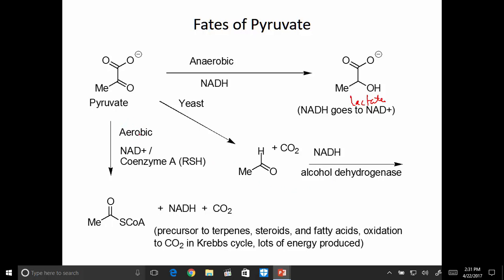And under aerobic conditions, this does an oxidative decarboxylation to give us acetyl-SCoA and CO2, and this is our precursor compound to fatty acids and steroids, which we're going to look at in the next chapter. Okay, all right, so I think that's it for carbohydrates.